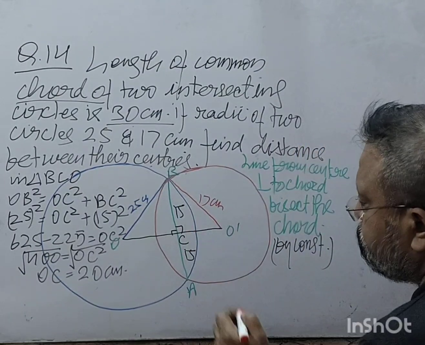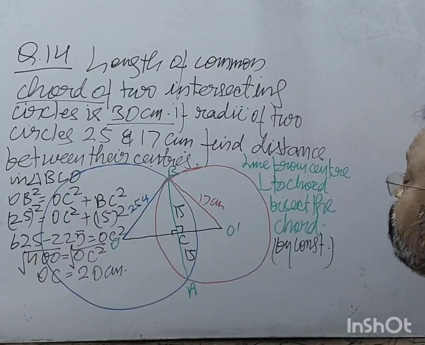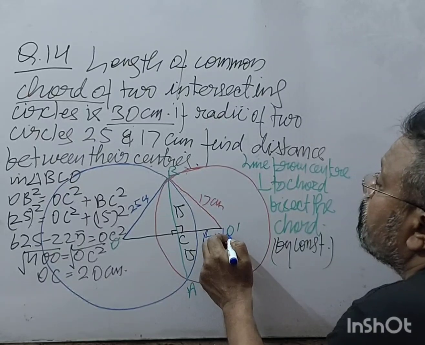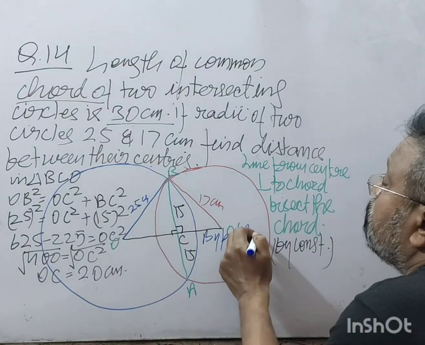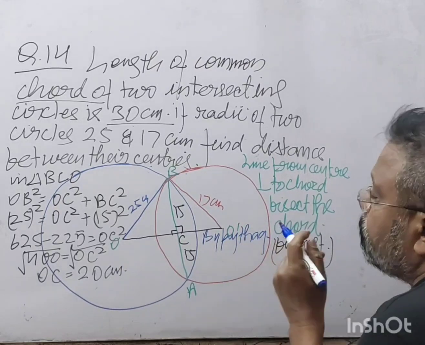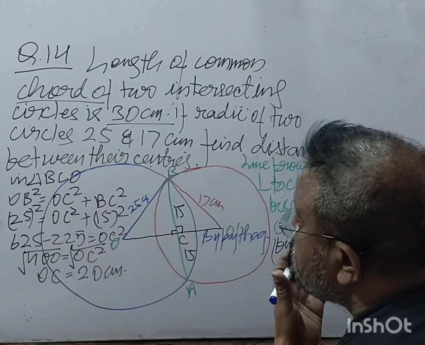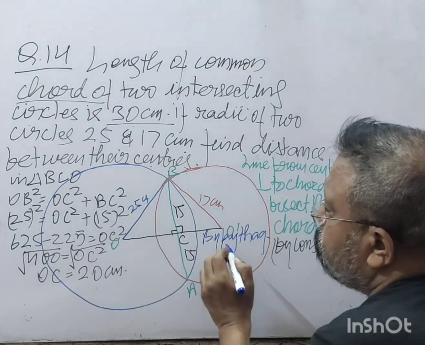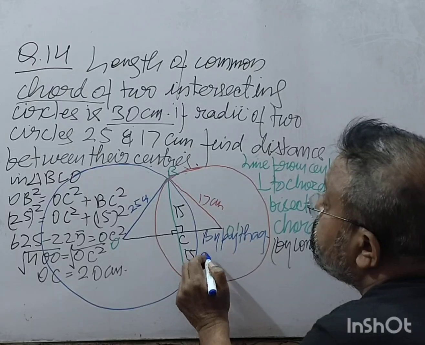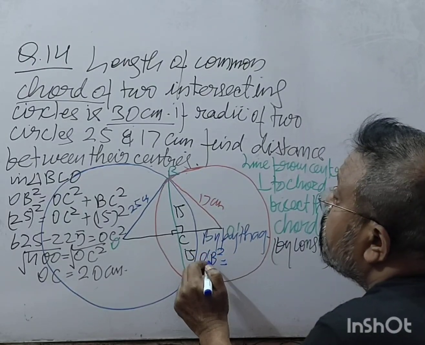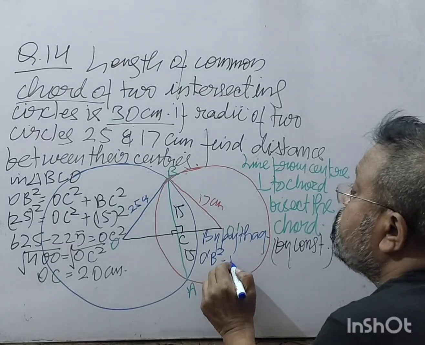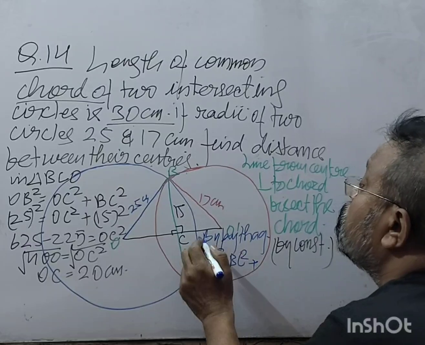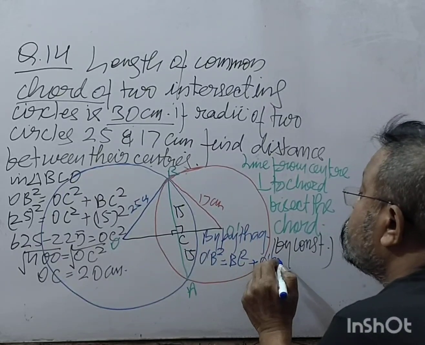Now similarly, by Pythagoras theorem, O dash B square is equal to BC square plus O dash C square.